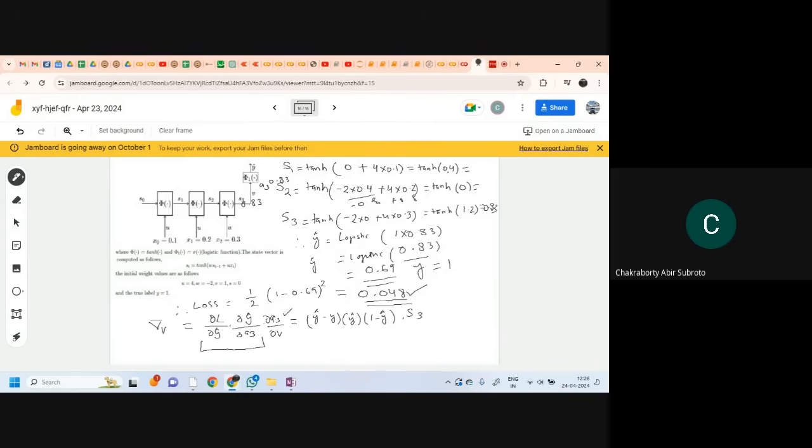So what is our main point? The parameter is 0.69.